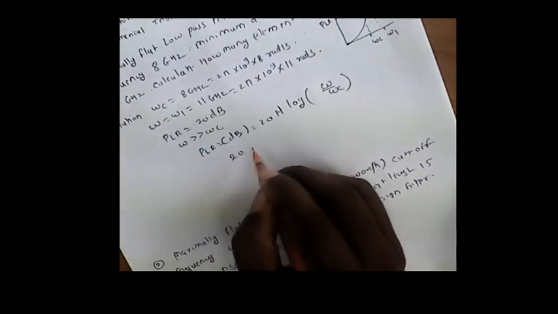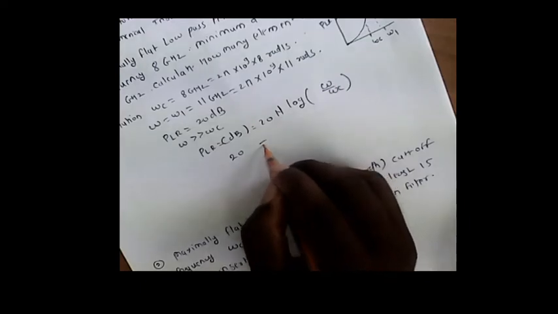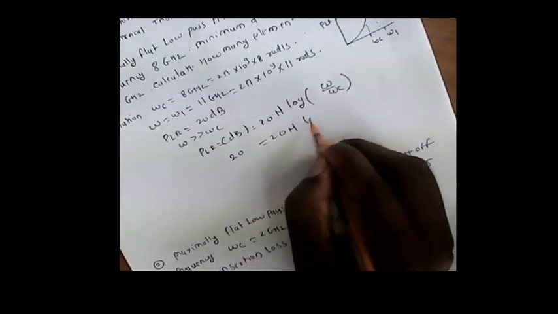So we can calculate PLR, which is given as 20 n log, where omega is 11 GHz and the cutoff frequency is 8 GHz, as already mentioned.